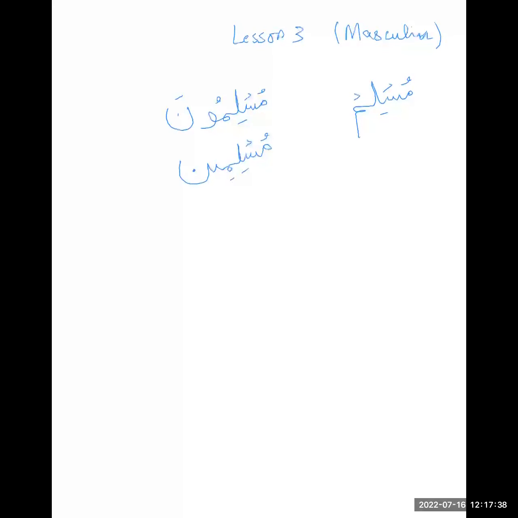Muslimina. Okay. So this is a singular section. This is a plural section. It means one male Muslim, and this means many male Muslims. Understood?